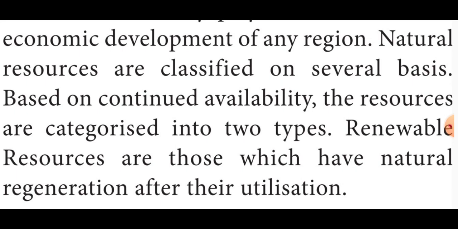If we want that energy again, it would take millions of years. That is called non-renewable resources. For example, coal, petroleum, natural gas, etc. These are examples of non-renewable resources. Can you understand, students? There are two types of resources: the first is renewable resources and the second is non-renewable resources.